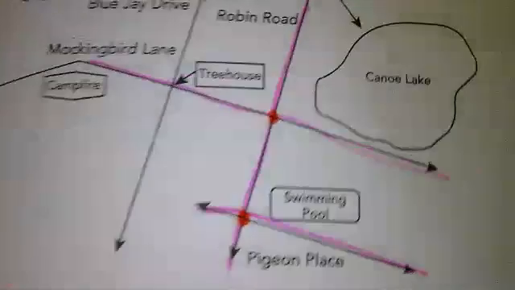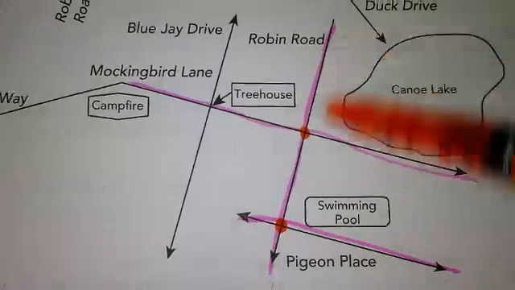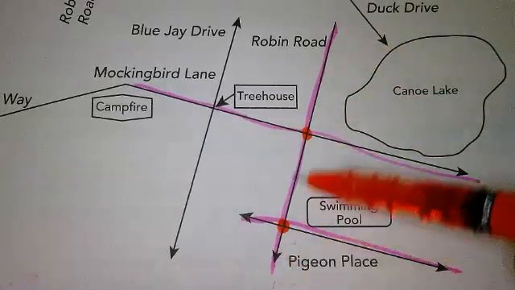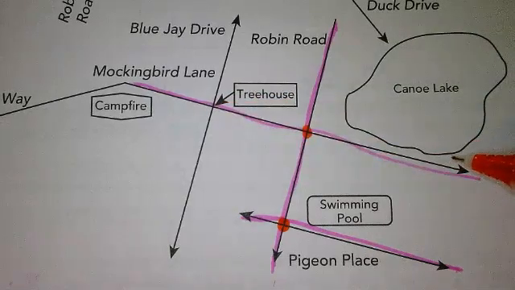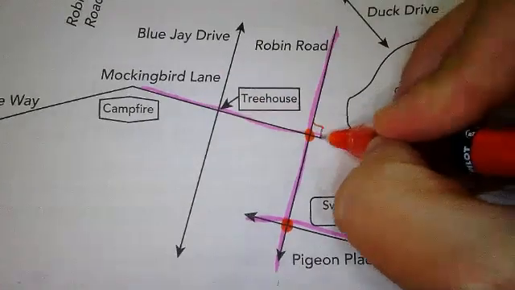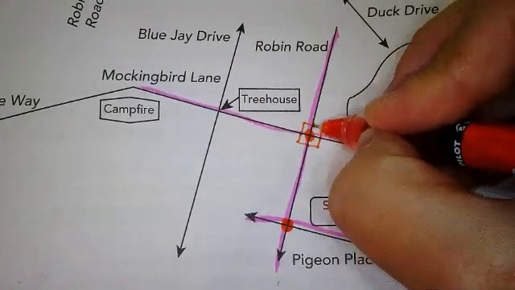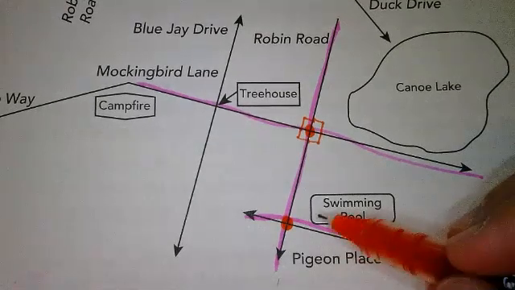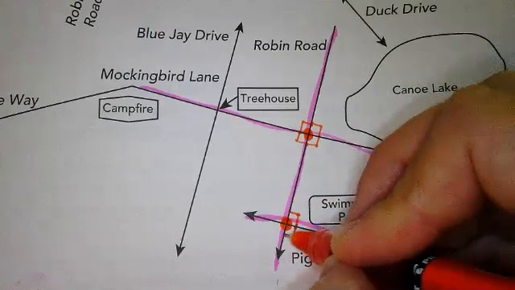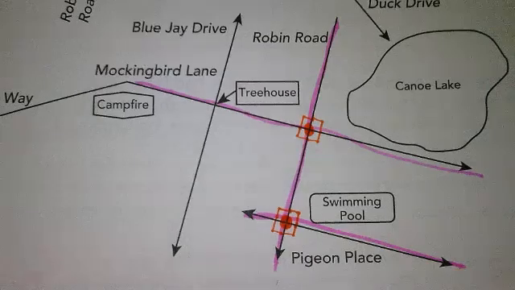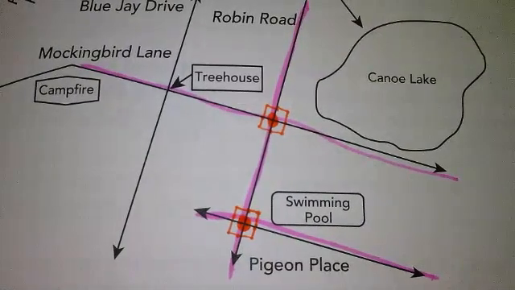Remember, Robin Road was this one right here. I like highlighting. Okay? Mockingbird Lane goes across and intersects perpendicularly. We have a right angle, a right angle, a right angle, and a right angle. Okay? And Pigeon Place also goes across and intersects perpendicularly with 4 right angles. Okay?